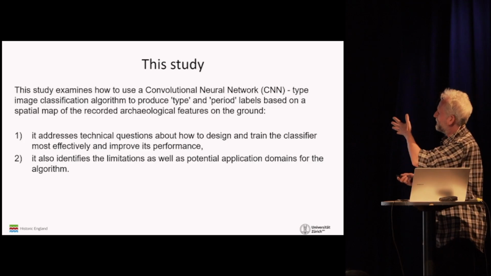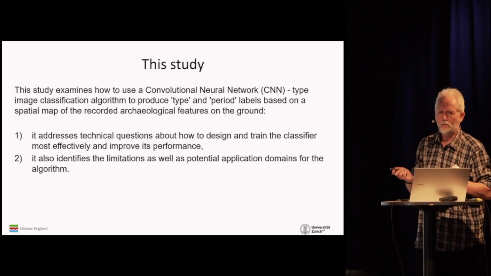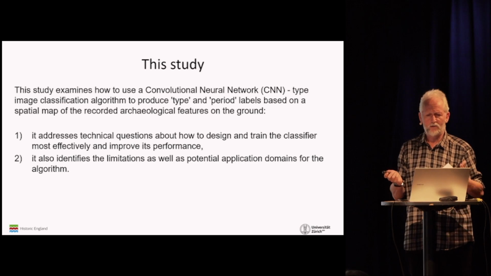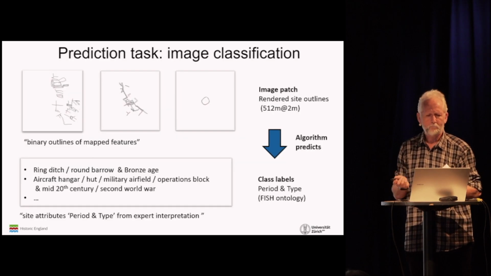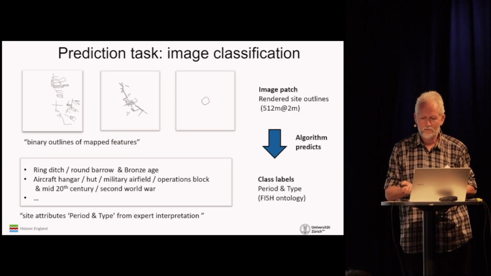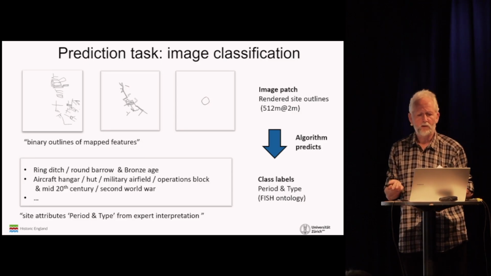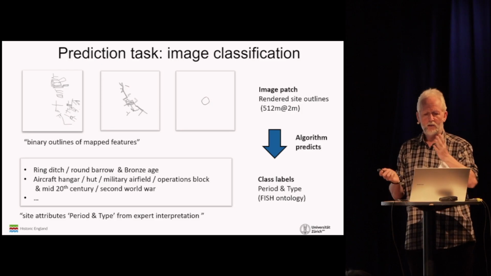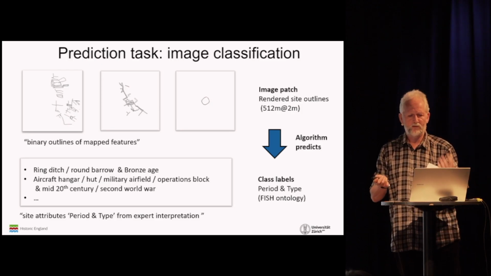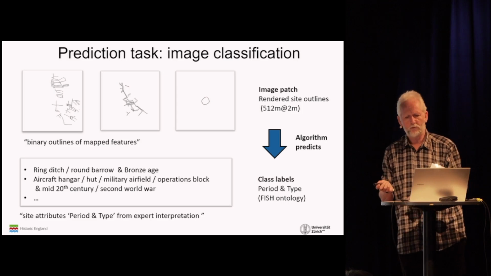But basically, it addresses the technical questions, looks at how we might be able to improve this and all the limitations. So the basic prediction task, image classification, as a previous talk spoke about. You've got an image patch, the algorithm runs through all these differences and predicts your class labels.